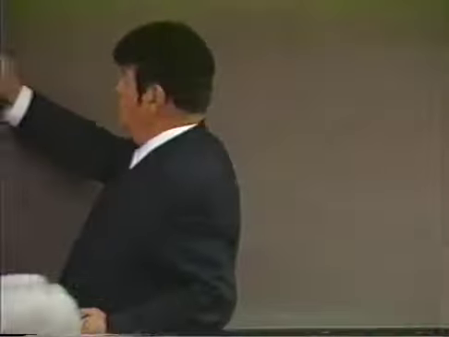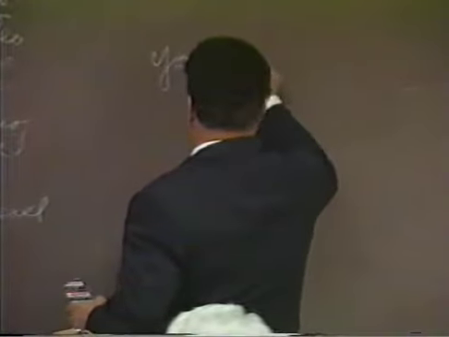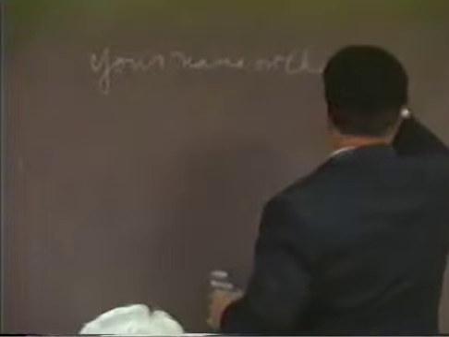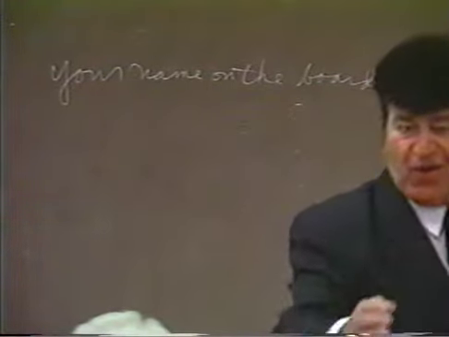Give me a directive that I cannot possibly misunderstand. And the students will say, "Well, write your name on the board." All right? Now, is that what you want me to do? No. All right, give me a directive that I cannot possibly misunderstand. Well, I can go all the way around the room. It's the easiest thing in the world to have misunderstandings.